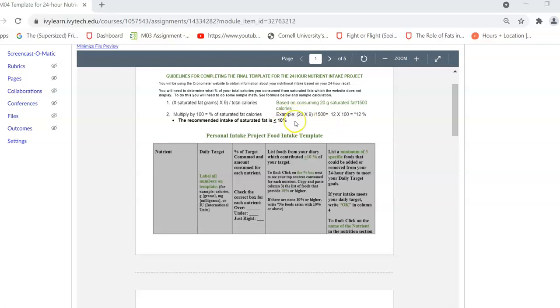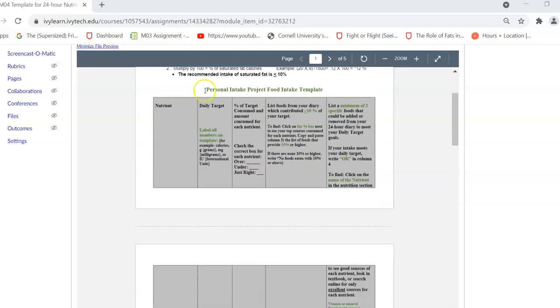And as you know, that's because saturated fat increases your LDL, which in turn increases your risk for heart disease. So we really want to avoid foods that are high in saturated fat, which is usually your animal products, cheese, meat, etc.